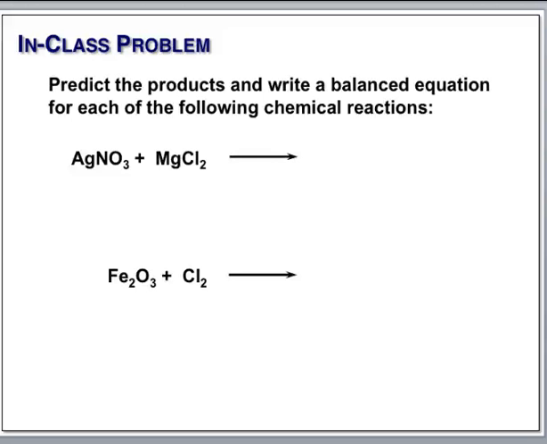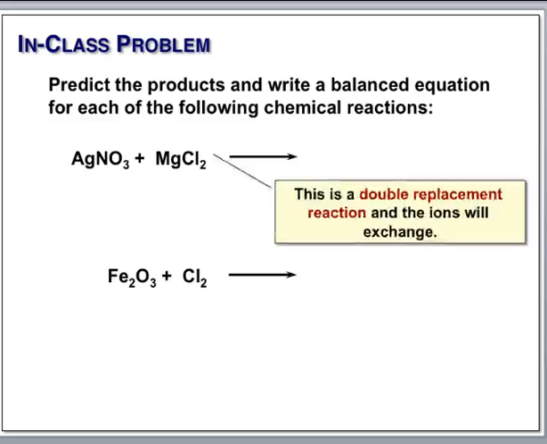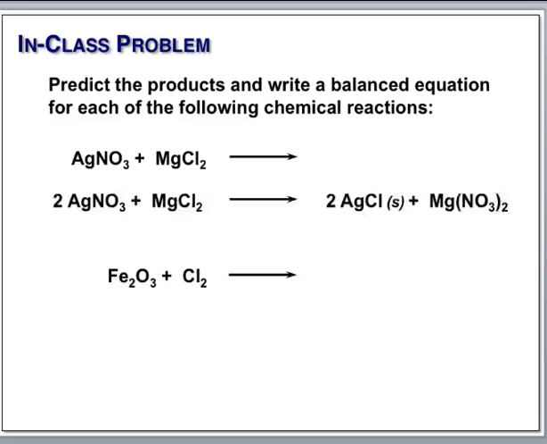Silver is going to pair with chlorine to make silver chloride, which is insoluble. So once again, we have 2 chlorides. This is going to be AgCl, so we need 2 silvers. Once again, magnesium is plus 2, each nitrate is minus 1. Simply go and exchange them. And that's what we get.